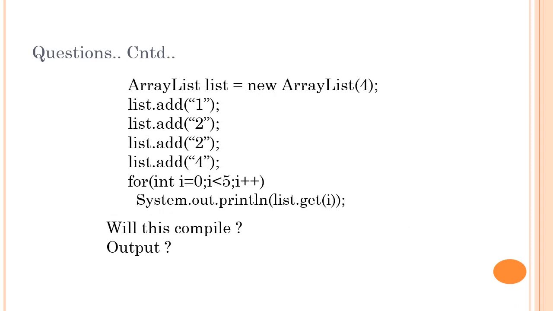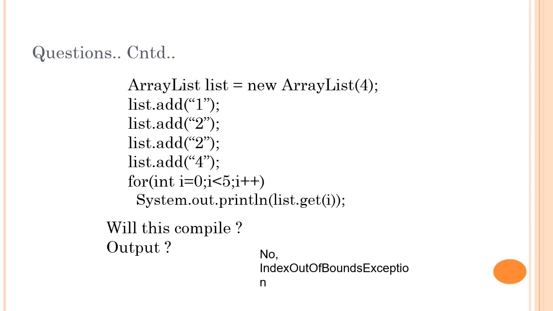Here we have the same example. We just added the for loop in order to print the content of the list. Try to read the code and say if this will compile or not. No, we will have an error. We will have an exception as we exceeded the size of the array list.